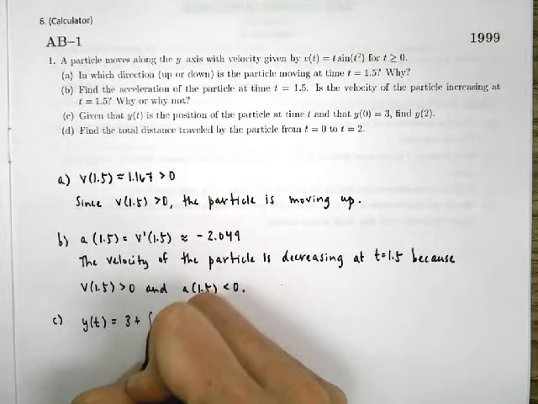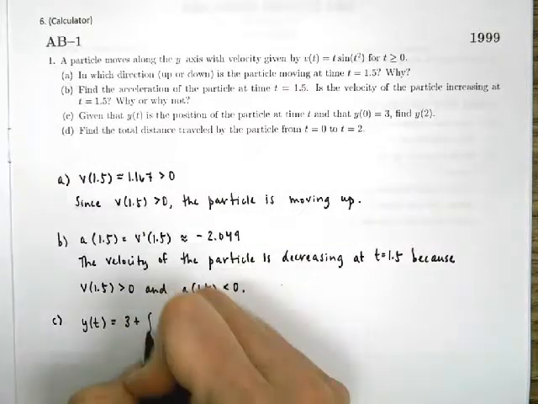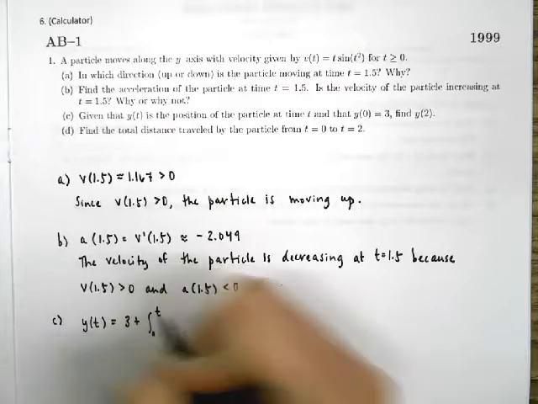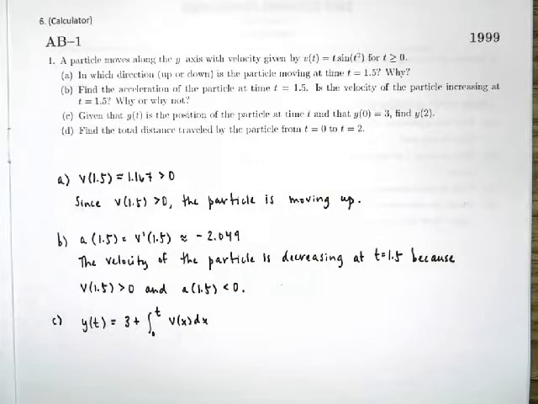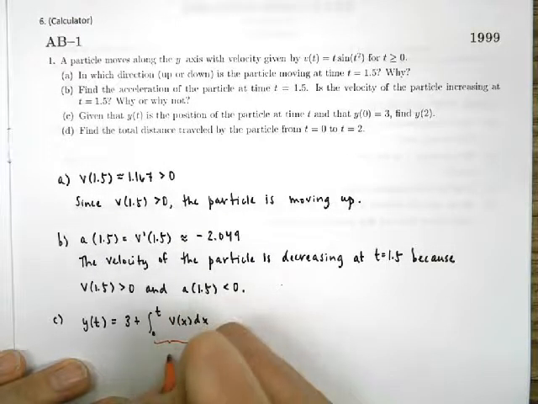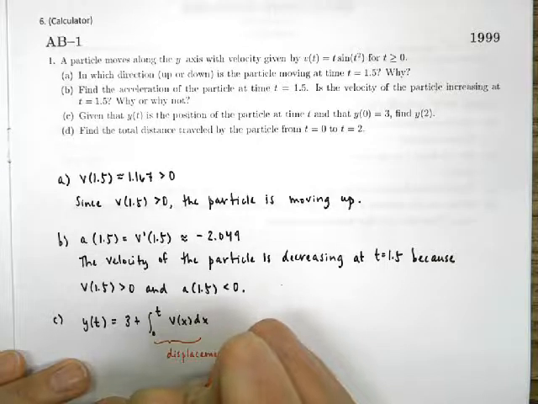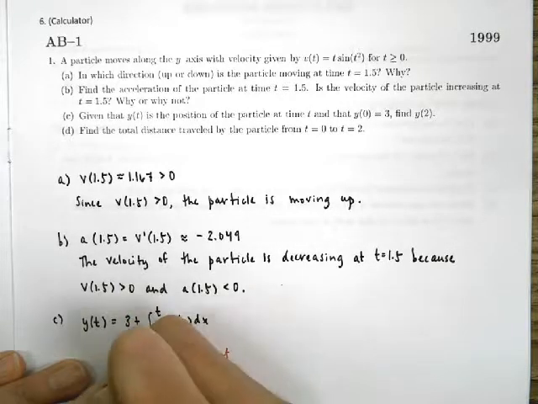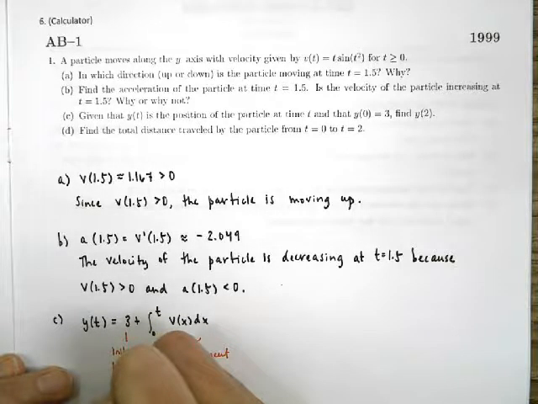So we know displacement is the integral of our velocity function, right? So it's 3 plus the integral from 0 to t of v of x dx. We know that this integral gives us our displacement. So in general, the new position is equal to our initial position plus displacement.